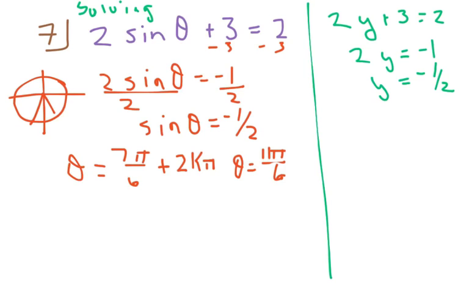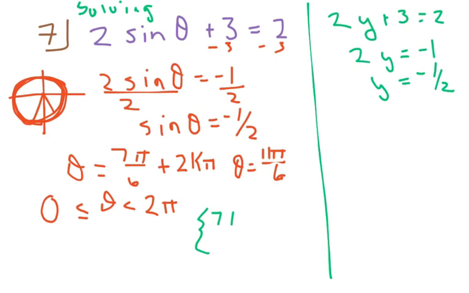That means you just keep going around and around and around. That gives you all solutions. If they're asking for theta in between 0 and 2 pi, then our solution set would be 7 pi over 6 and 11 pi over 6. Please start writing your answers as sets.